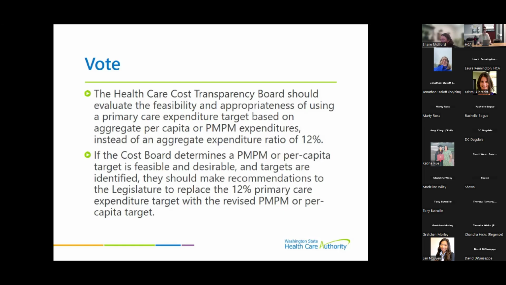Where I'm contemplating the possible downside of a PMPM is, let's say that specialty care expenditures on a per capita basis are going up 15% a year, and primary care expenditures are going up 10% a year. I don't know that that means we're investing more in primary care so much as have a cost trend imbalance. So I don't know if that's the right way to think about it, but that's where my mind is right now.